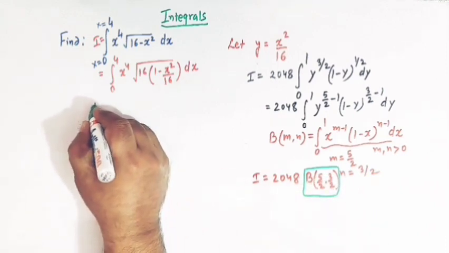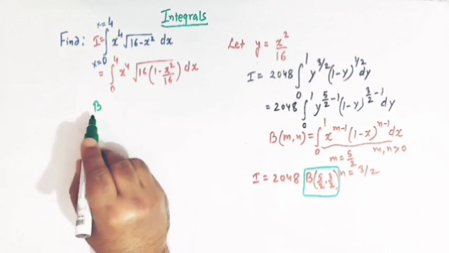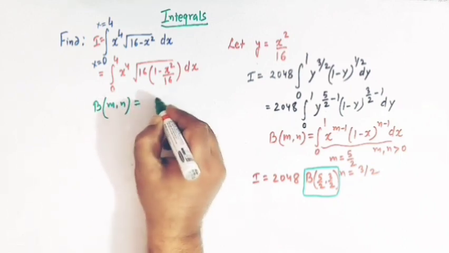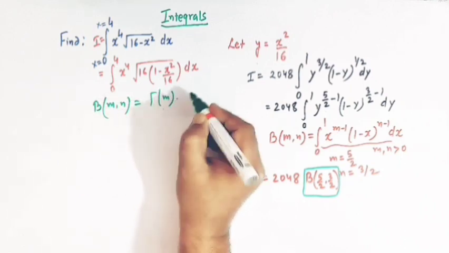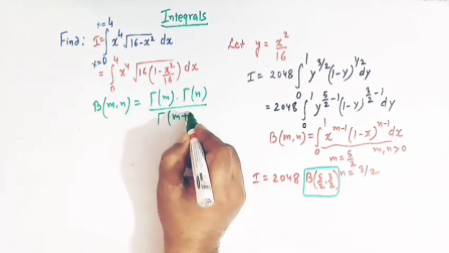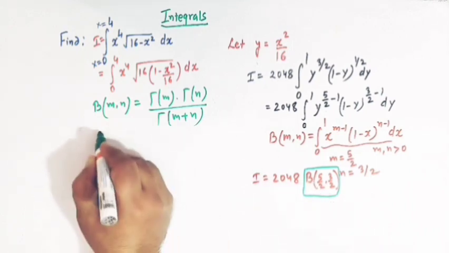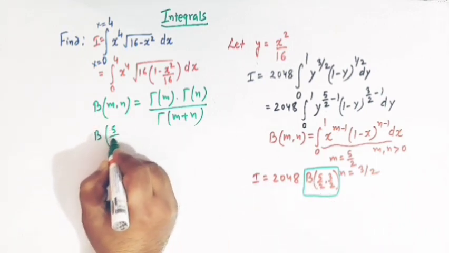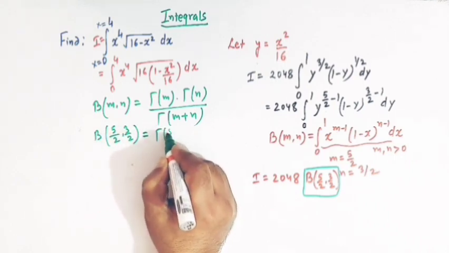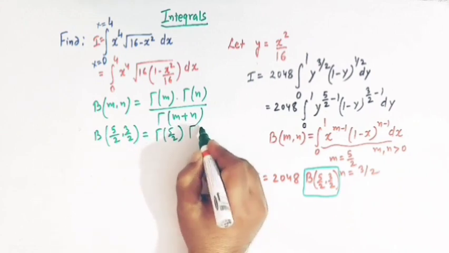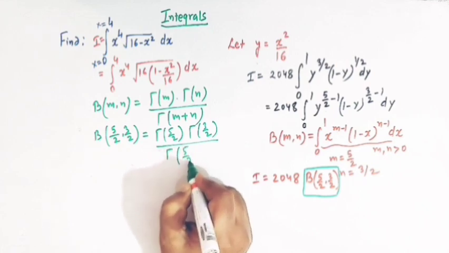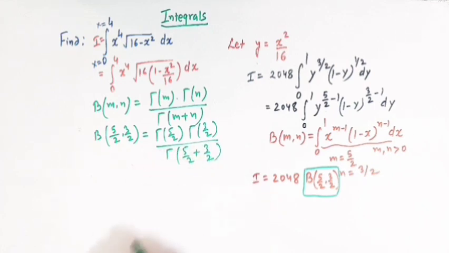And we know the relation between the beta function and the gamma function, that is, beta of m, n is given by gamma of m multiplied by gamma of n, divided by gamma of m plus n, right? So beta of 5 by 2, 3 by 2 is equal to gamma of 5 by 2, then gamma of 3 by 2, divided by gamma of 5 by 2 plus 3 by 2, right?